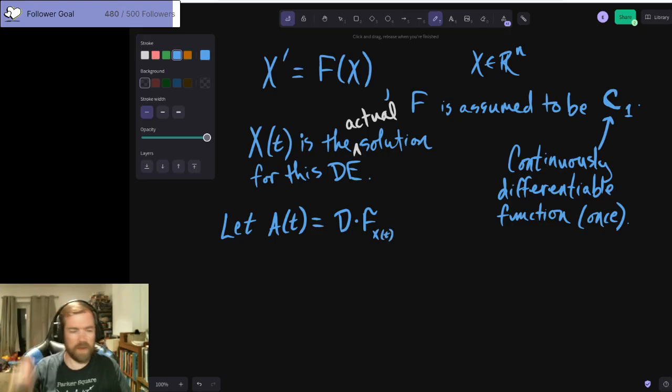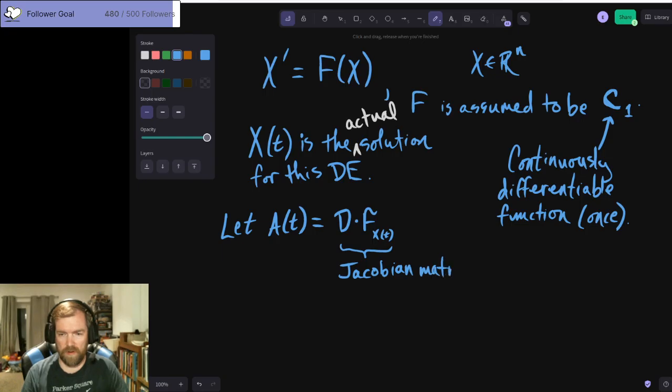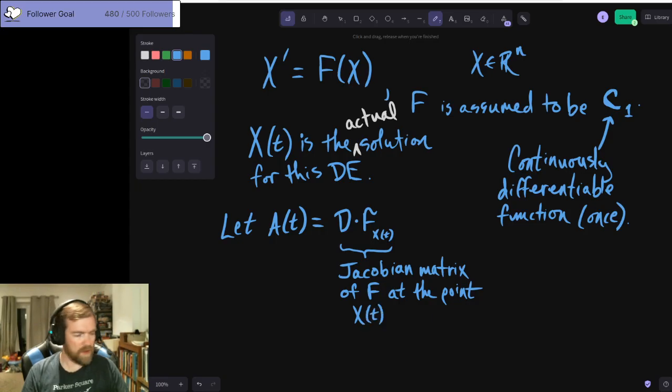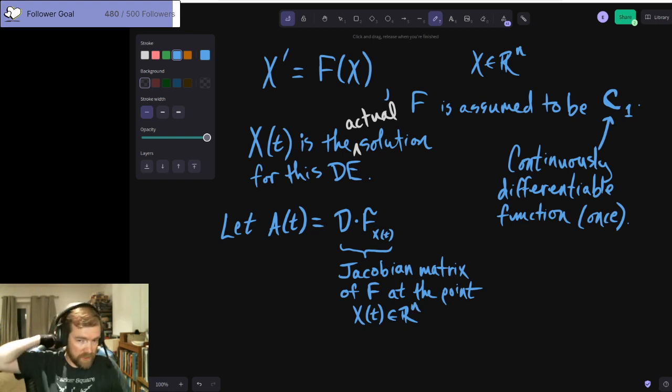And maybe e to that. Which combined together forms the Jacobian of the function f at the point x of t, which is in our real space with n dimensions.